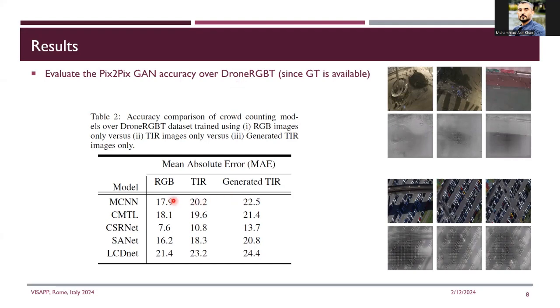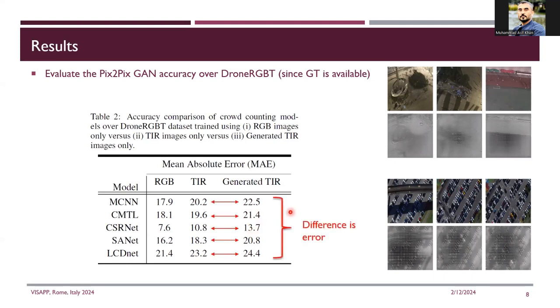So this table shows the mean absolute error when the model was trained on RGB images, when the model was trained on real thermal images, and when the model was trained on the generated thermal images. And here you can see the mean absolute error for the generated thermal images.